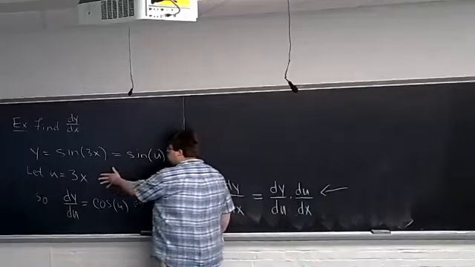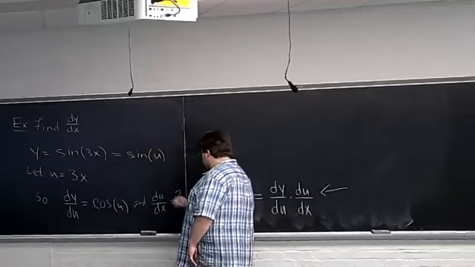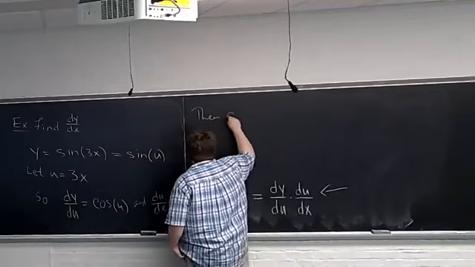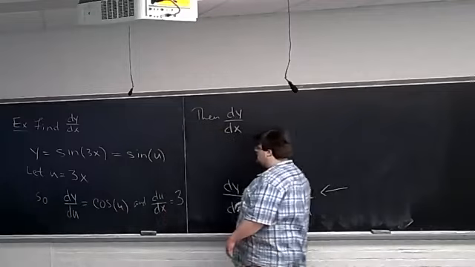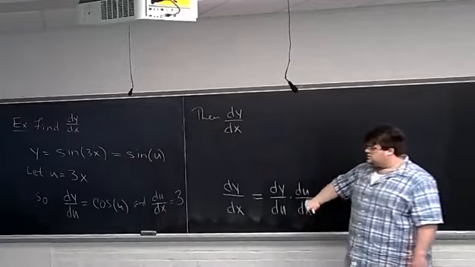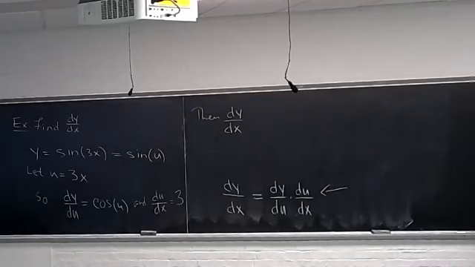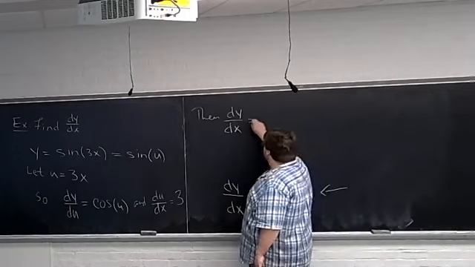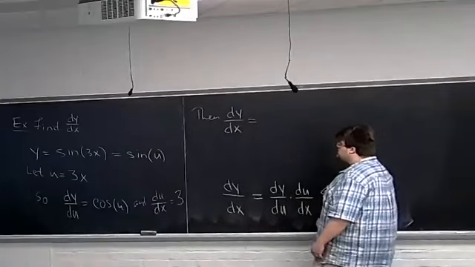Second line, u is a function of x. du dx, using the power rule, is 3. We're using that constant observation. Any questions about what we did so far? Okay. And now we can find dy dx by multiplying those. It's dy du times du dx.